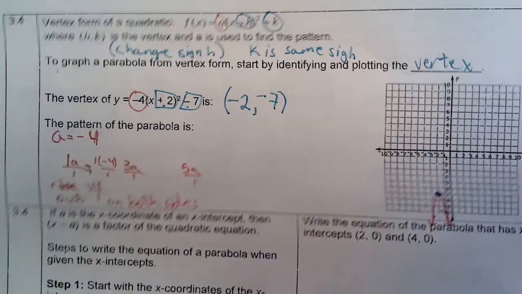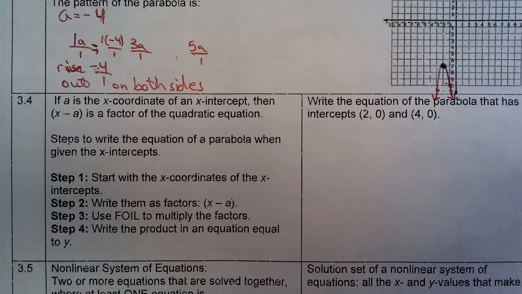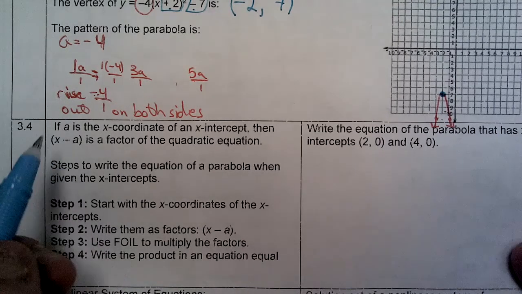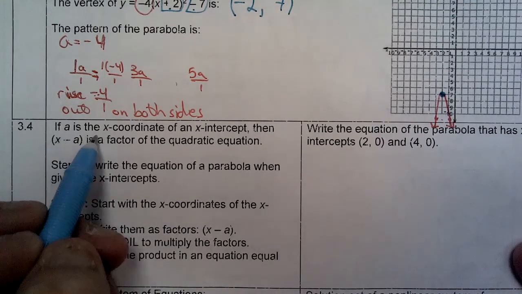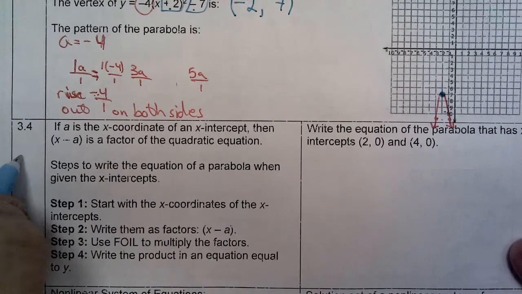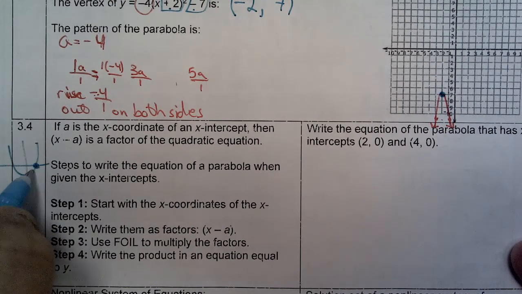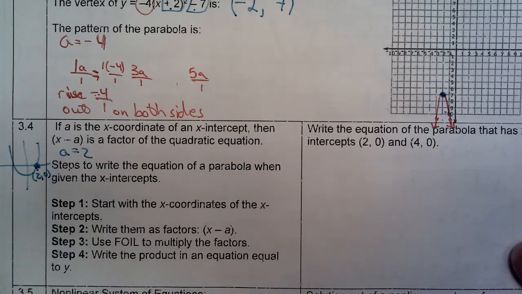Okay. All right, so let's take a look at one more concept for 3.4. This is going to talk about factors. So if A is the x-coordinate of an x-intercept, in other words, if we have a parabola, and it touches the x-axis right there. So if A is the x-coordinate of an x-intercept, in other words, if this coordinate is 2, 0, then my A equals 2.